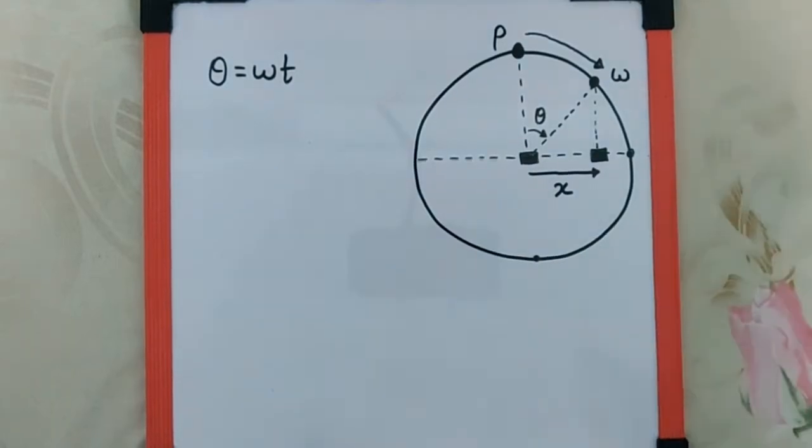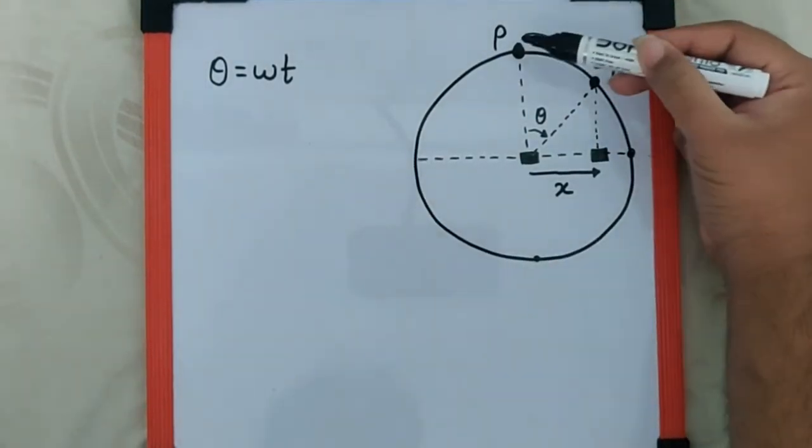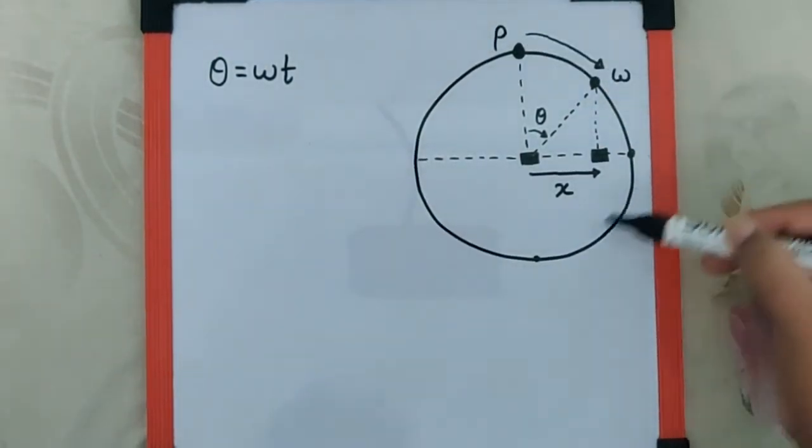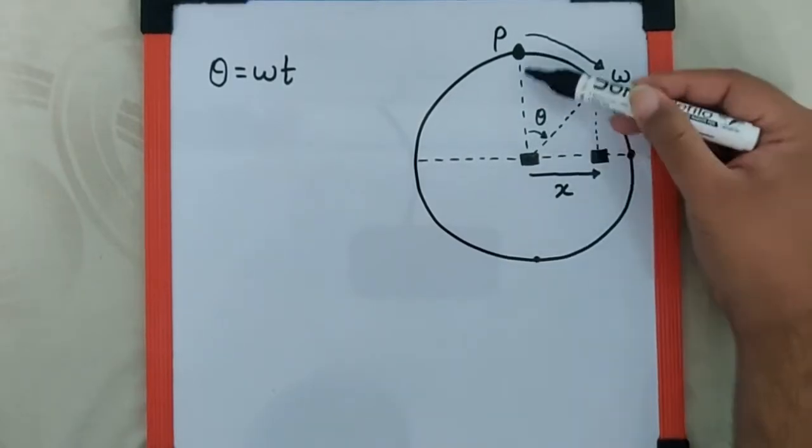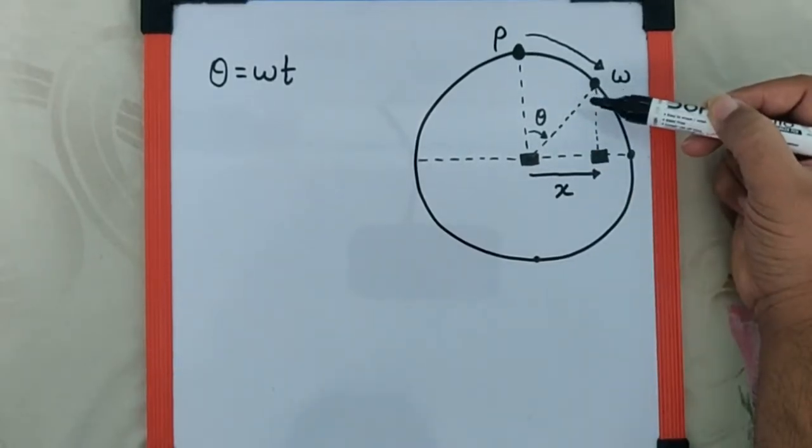So whenever you see an equation of SHM, you will find an angle in that particular equation. That angle is nothing but the angle of the imaginary particle performing UCM with the center. I hope you understood this part.